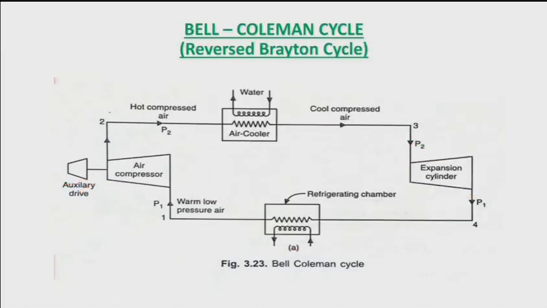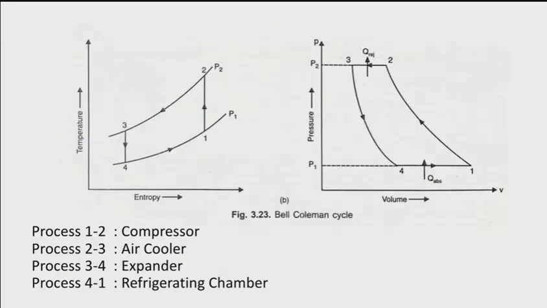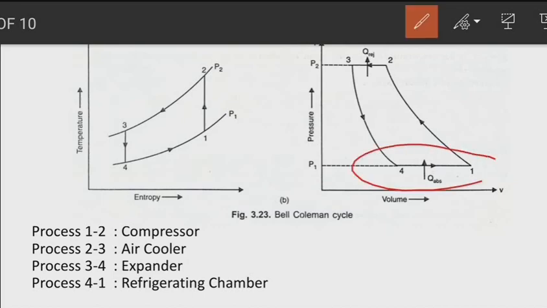Now in the last stage, process 4 to 1, which is in the refrigerating chamber, you can see in the temperature-entropy diagram that the entropy increases from 4 to 1 and the temperature slightly increases because the air absorbs the outside heat, but the pressure stays constant.